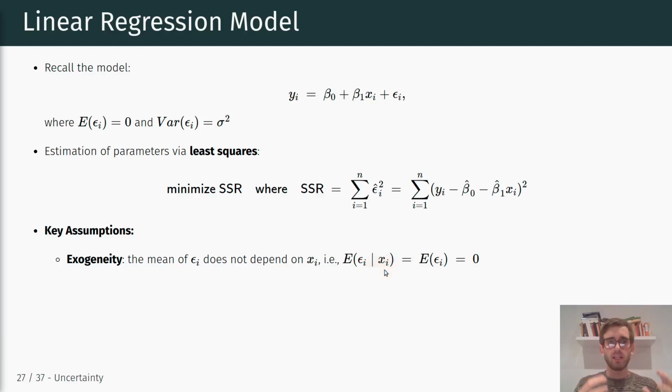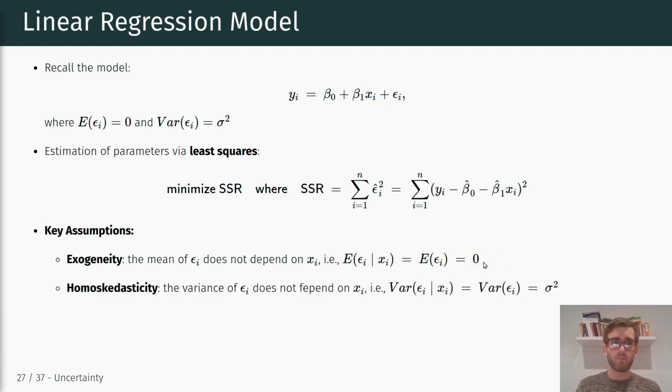In other words, the expectation of the error term conditional on xi is equal to the expectation of the error term, which is just equal to 0, right? So that's the exogeneity assumption. And then we have homoscedasticity, which basically just means that the variance of epsilon i does not depend on xi. So in other words, the variance of epsilon i conditional on xi is equal to just the variance of epsilon i. It's equal to a constant variance that we describe as sigma squared.